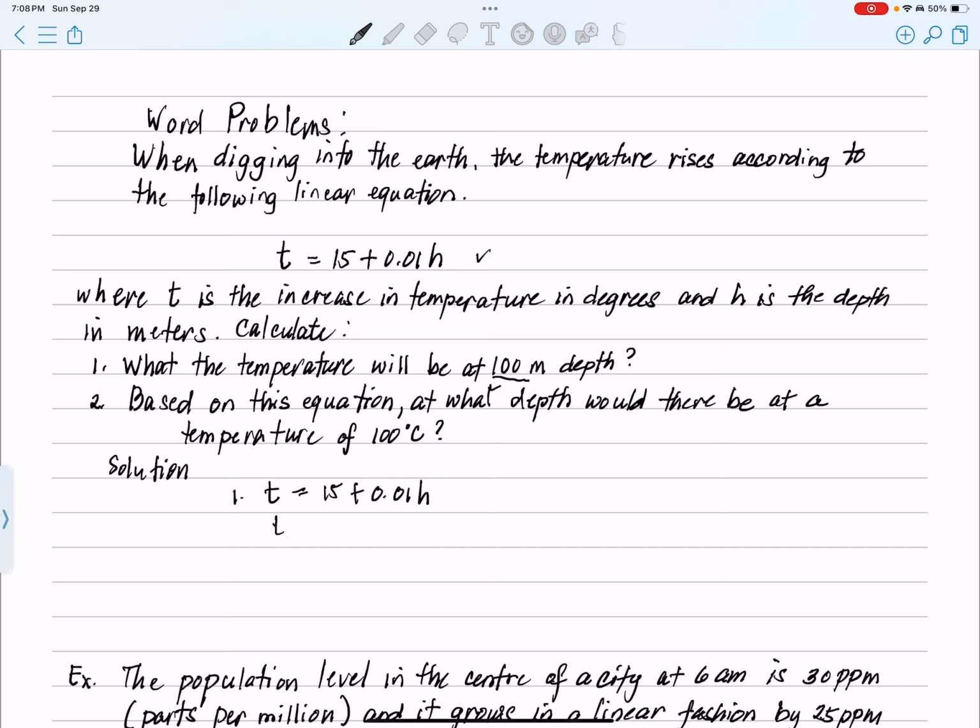So we can solve for T by substituting 100 for H. So T equals 15 plus 0.01 times 100, that's 1. So the temperature would be 16 degrees centigrade.